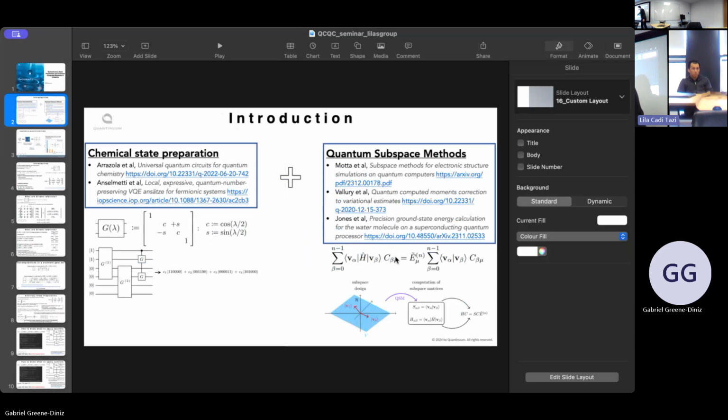If the matrix elements of those matrices were measured exactly, so if there was no quantum noise, or the noise was small enough that this problem was not ill-conditioned, for example, the noise didn't lead to a non-positive semi-definite S, when all those conditions are satisfied, the accuracy of the energy scales exponentially with the Krylov dimension.